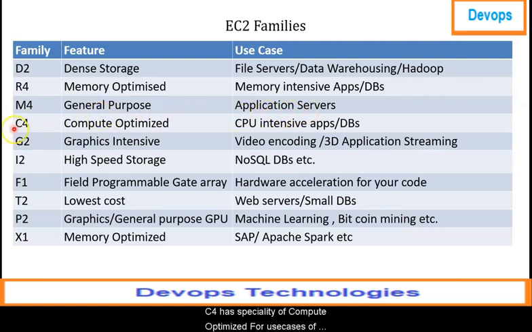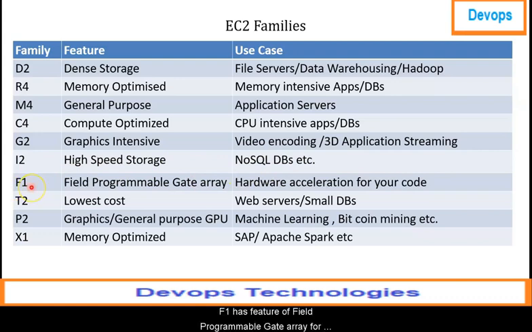Fourth one is C4, which has the feature of compute optimized for use cases of CPU intensive applications, DBs. Fifth one is G2, which has the feature of graphics intensive for use cases of video encoding, 3D application streaming. Sixth one is I2, which has the feature of high speed storage for the use cases of NoSQL DBs.